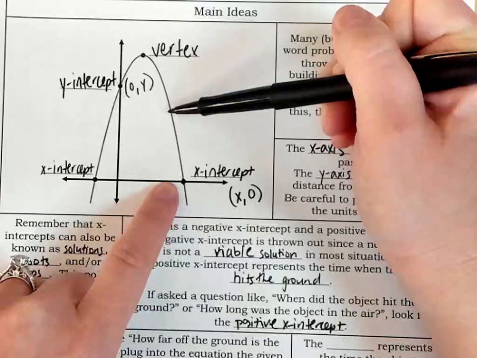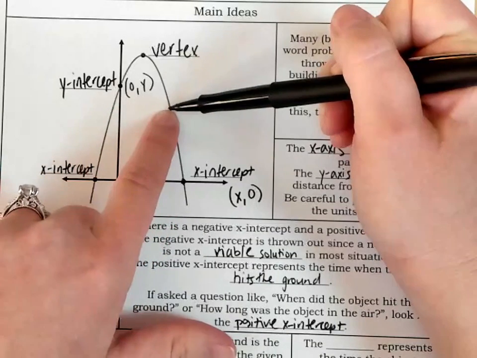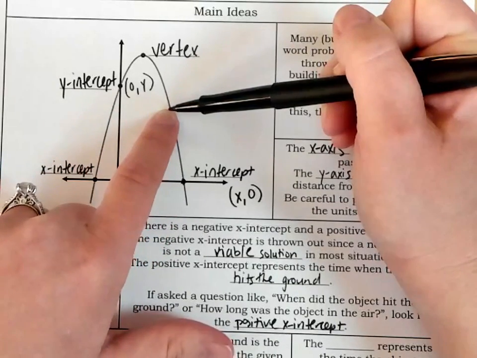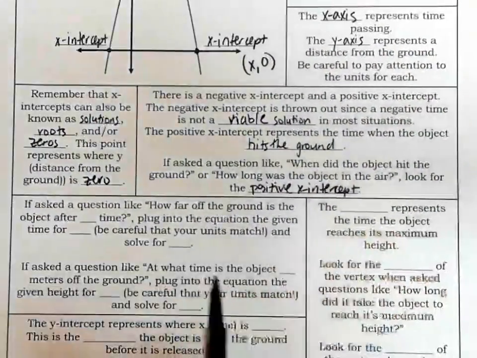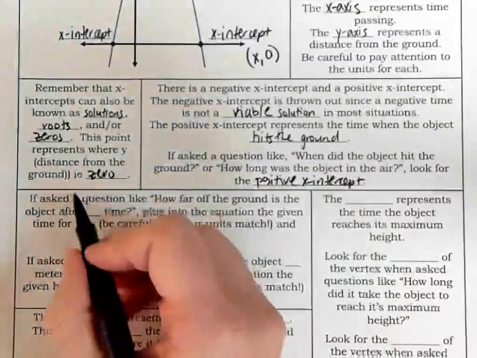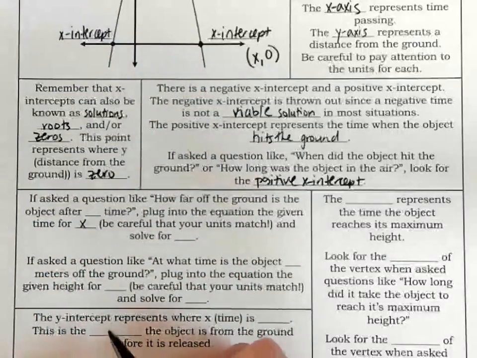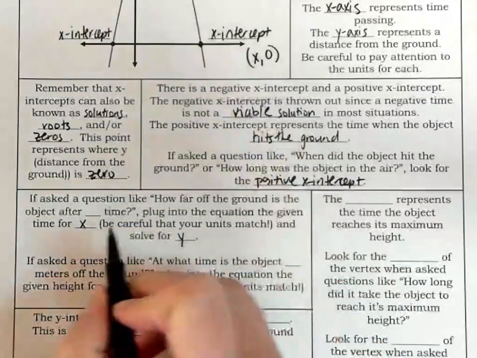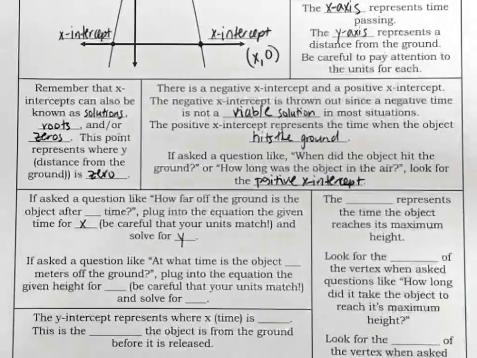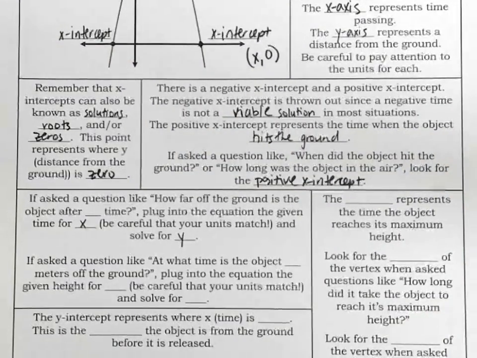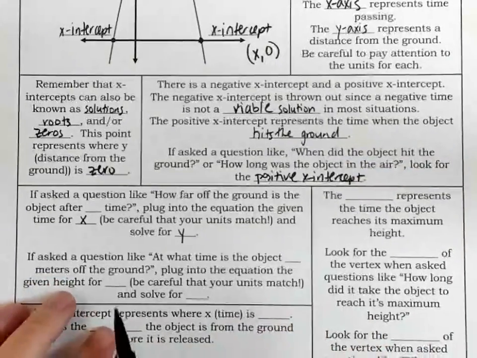If the x value is this, then all I need to know is what's the y value that corresponds, that puts it on that graph. So in that case, I'm going to plug into the equation the given time for x, and I'm going to solve for y. And again, be careful that your units match. Make sure they didn't try to trip you up by giving you a different unit and you need to do a conversion. Okay?